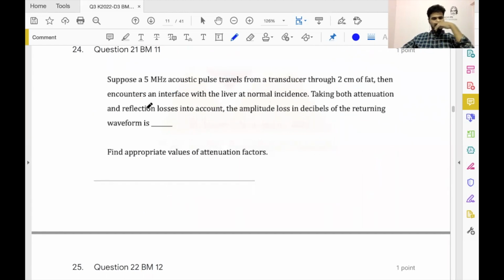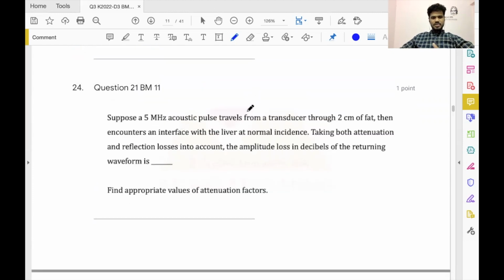Suppose 5 megahertz at this interface, take both attenuation losses into account, amplitude losses in decimals, if you're returning the waveform. What we have to do is reuse a couple of details. I'll tell you two things.